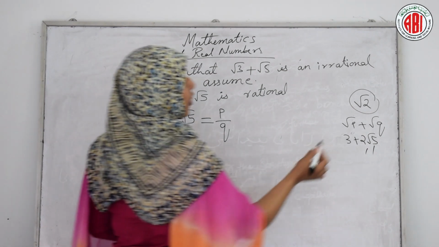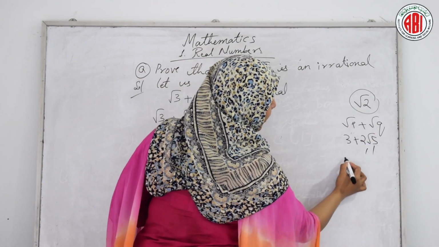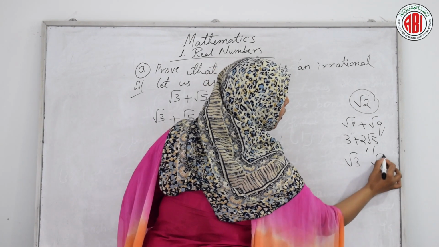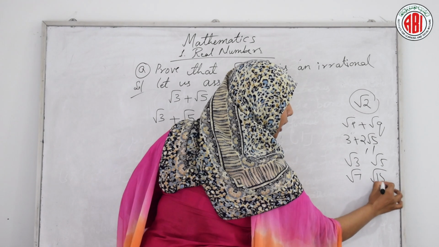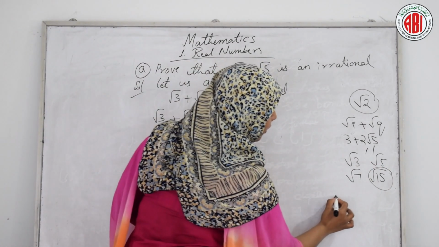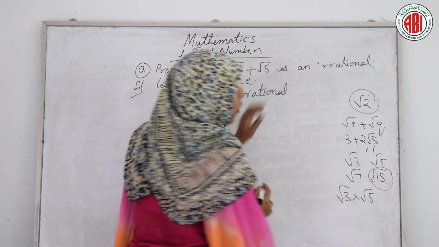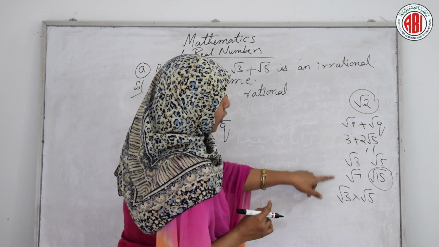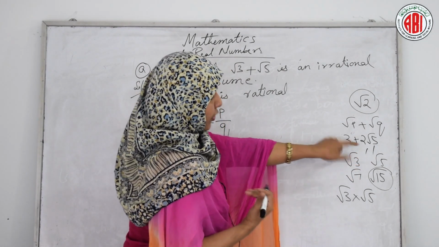In the previous question we proved that root 2 is irrational. Similarly, if root 2 is irrational, then root 3, root 5, root 7, root 15 are also irrational. Root 15 means root 3 into root 5. Root 2 is irrational, that means root 3 is also irrational, root 5 is also irrational.